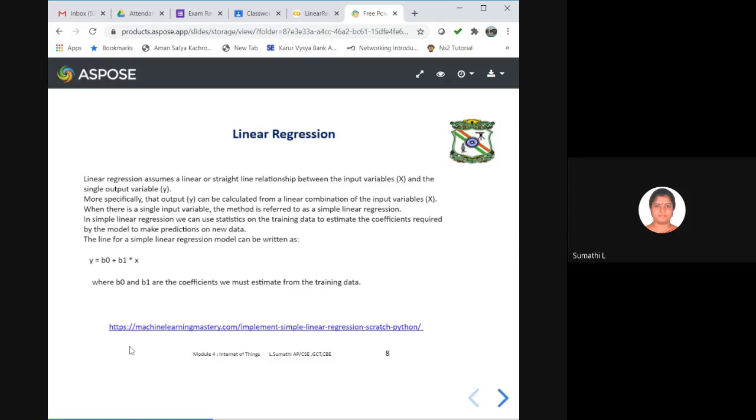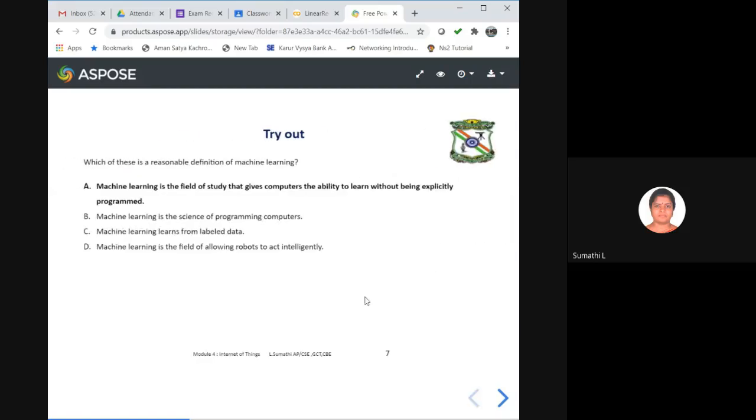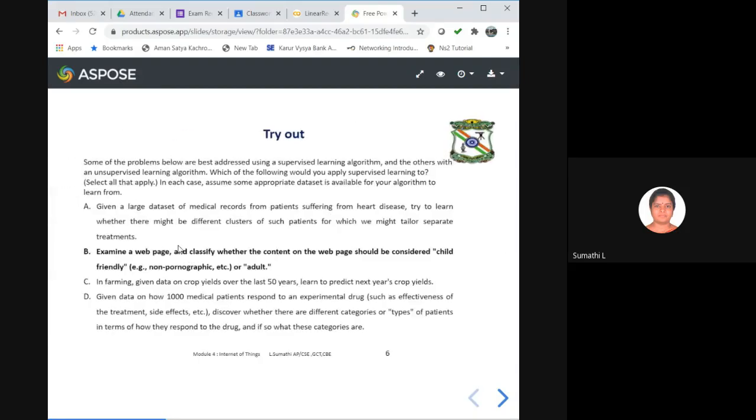Okay, you want to go to the previous slide. I think you are asking about this slide. Both A and B have supervised and unsupervised.